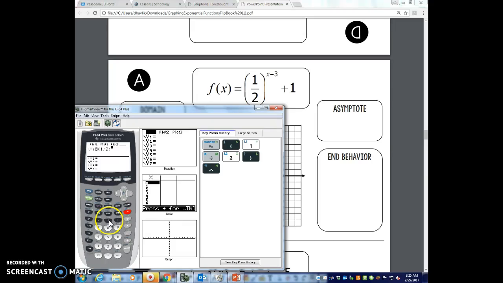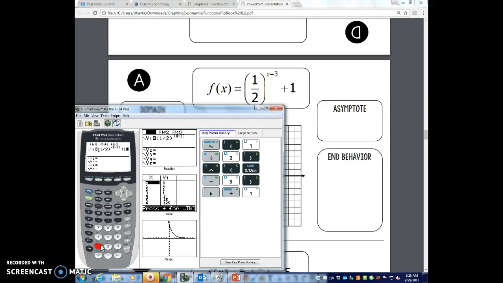Caret, parentheses, x minus 3, close parentheses. What you just did is you told it that x minus 3 up here is going to be in parentheses. Now remember, my calculator looks a little bit different than yours because it's a different version. Just be sure to follow these steps over here. Okay? Then we do plus 1.